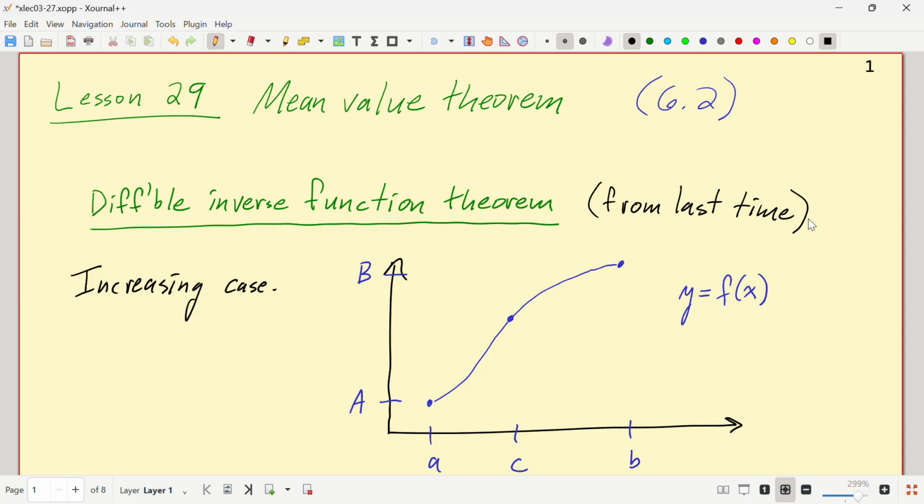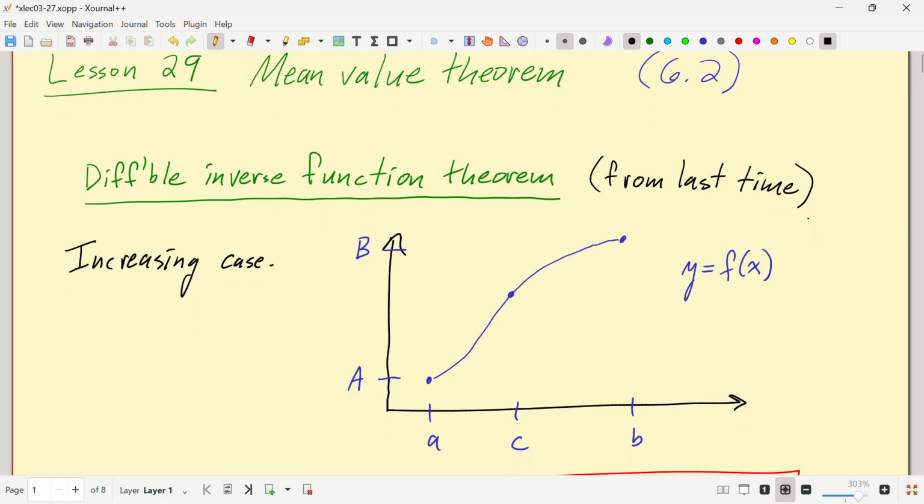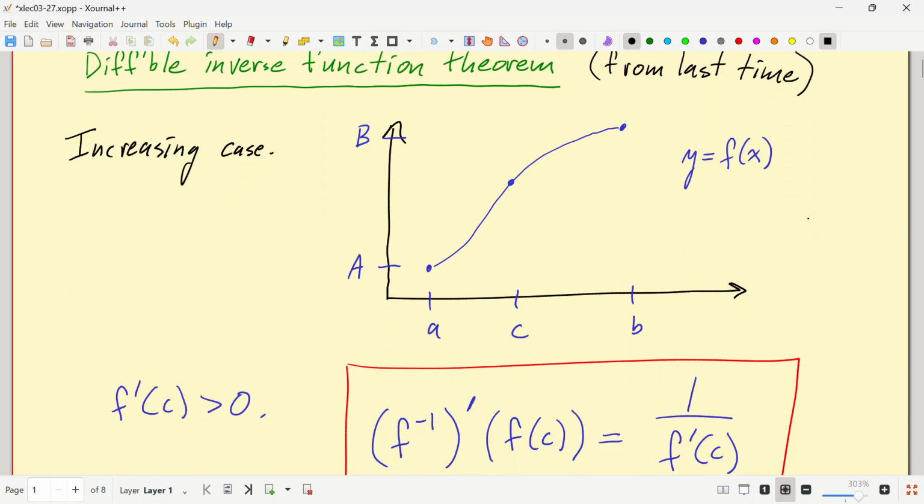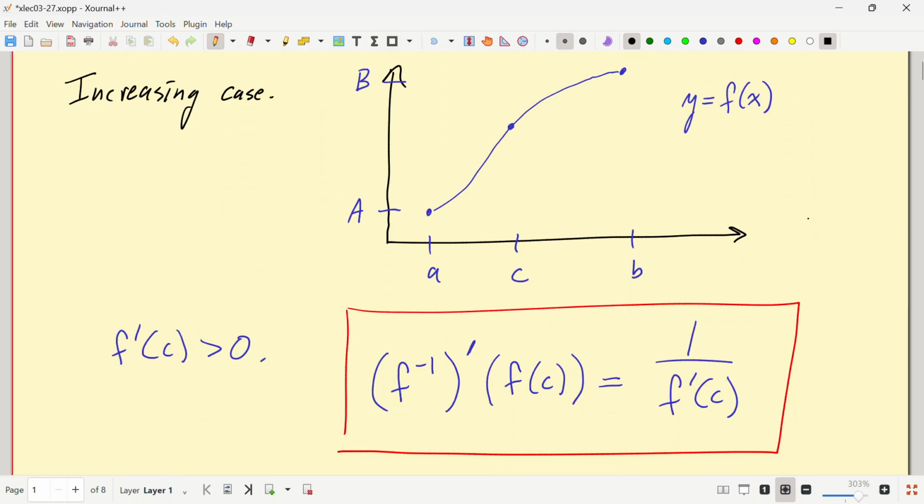The differentiable version now is that when I have a function like that, so it's monotone and continuous, if it has a derivative at a point, then the fact is the inverse is differentiable, and the derivative of the inverse satisfies this formula. I'll explain this formula in a second. It will make it easy to remember.